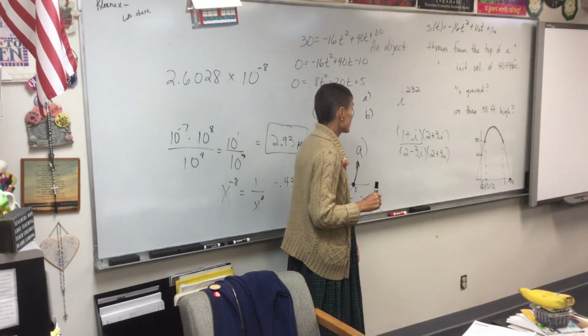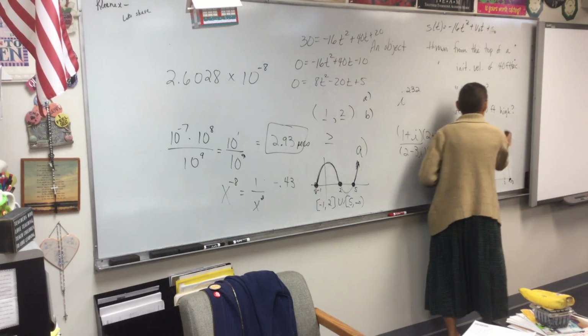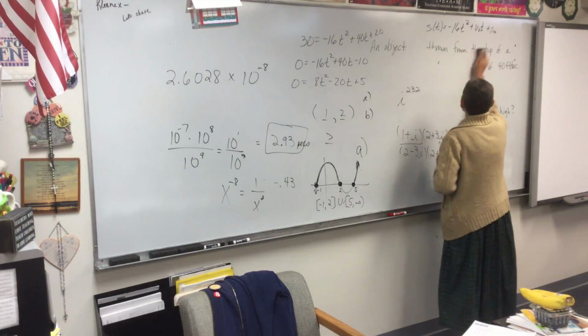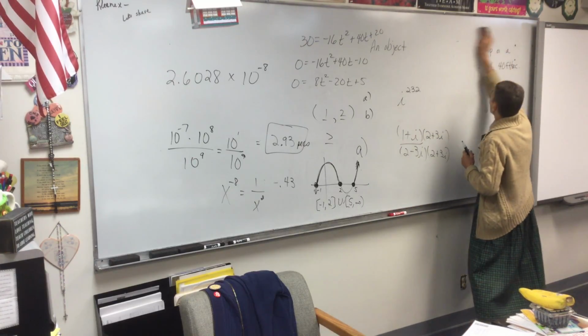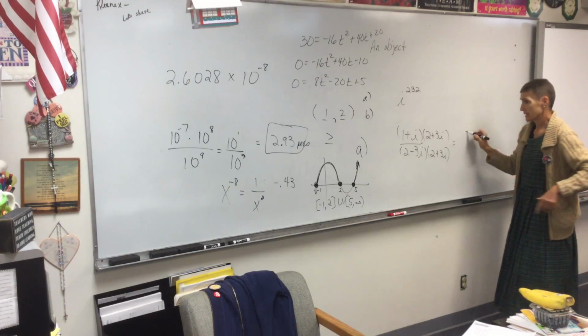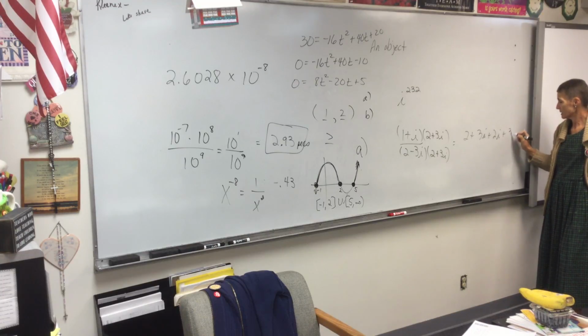Okay. So this then becomes a massive foiling situation. We're just going to foil the top and foil the bottom. So when I foil the top, first, outside, inside, last, I get 2, 3I, 2I, and 3I squared.